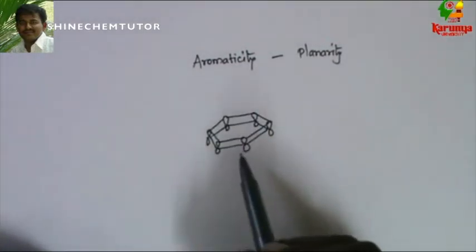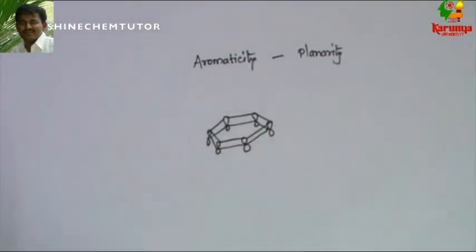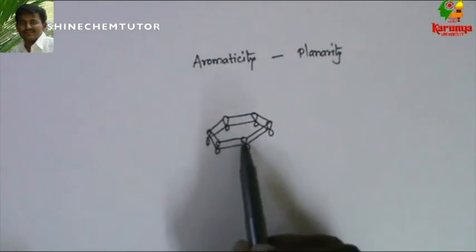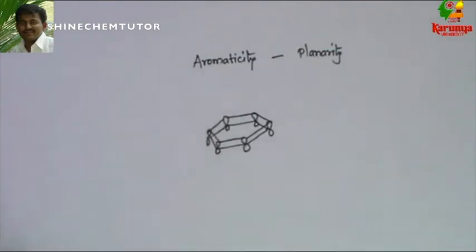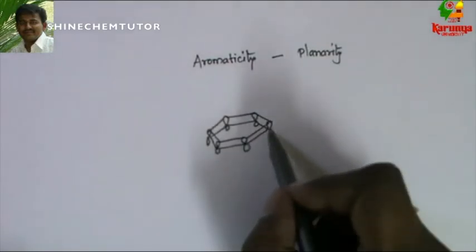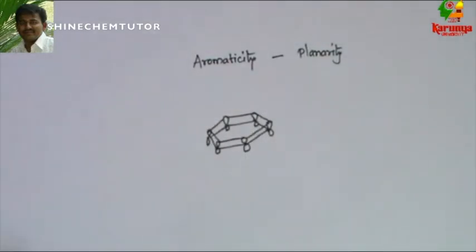Because of this overlapping, it becomes more stable. The overlapping of the p orbitals is possible only if all the carbons are in the same plane. If the planarity is missing, then this kind of overlapping is not possible.